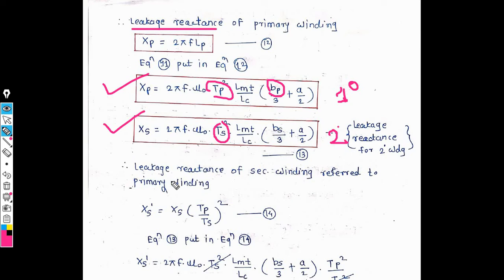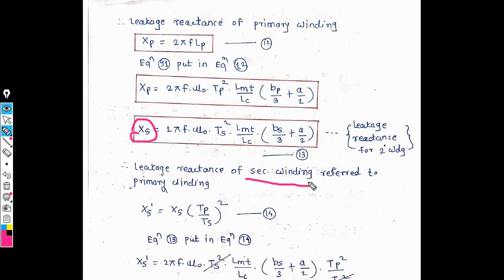Then also this leakage reactance of the secondary winding is referred to the primary winding. That means the leakage reactance of the secondary winding, XS, is referred to the primary winding, that is, TP.